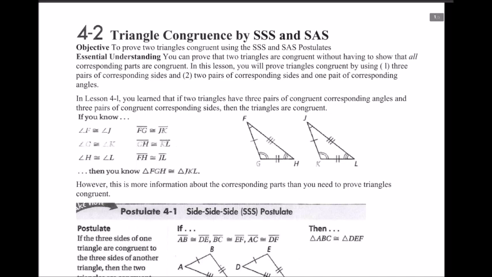Well, there is. There are actually 5 better ways, and the first 2 are right here. We are going to prove that our triangles are congruent using our side, side, side, and side, angle, side postulates.